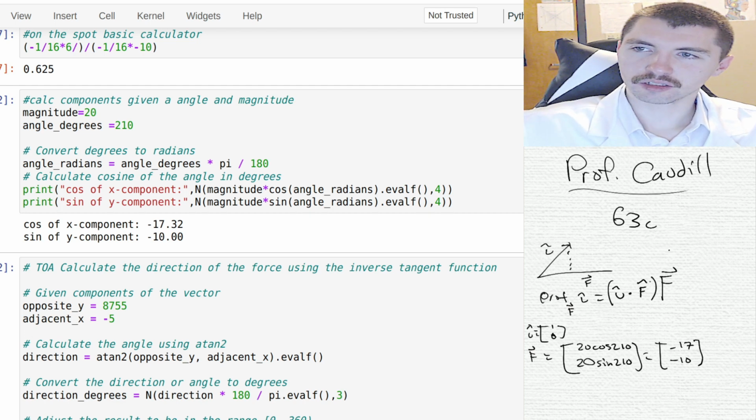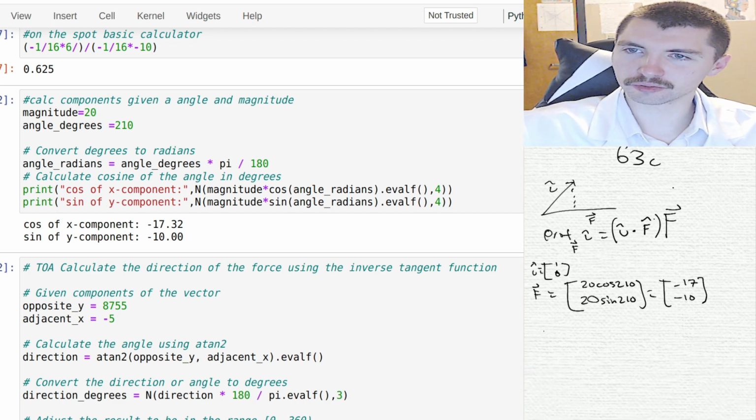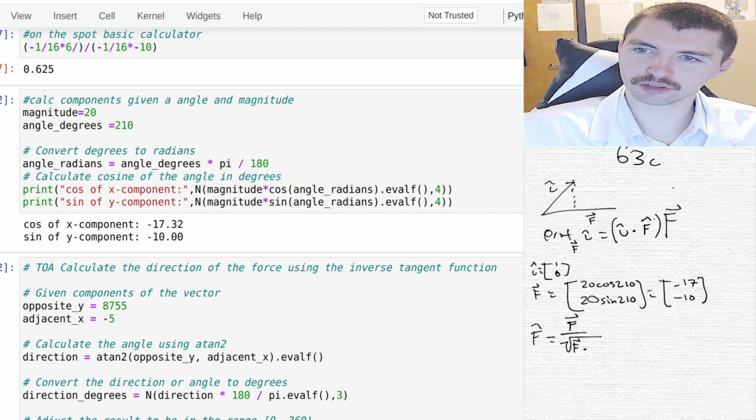Now, the calculator finds F hat automatically, but if you really need to know how to find F hat, it's basically taking the F vector divided by the square root of F dot F, which is the magnitude.